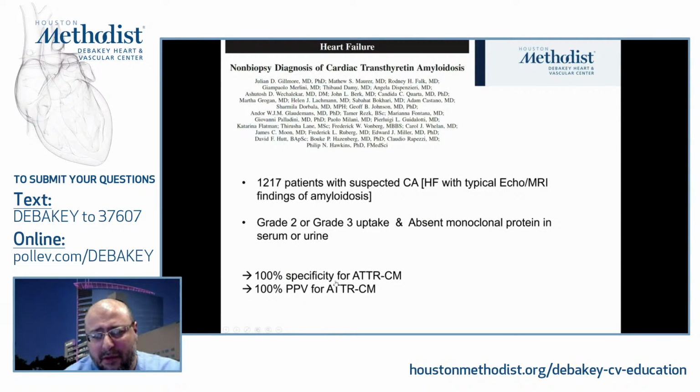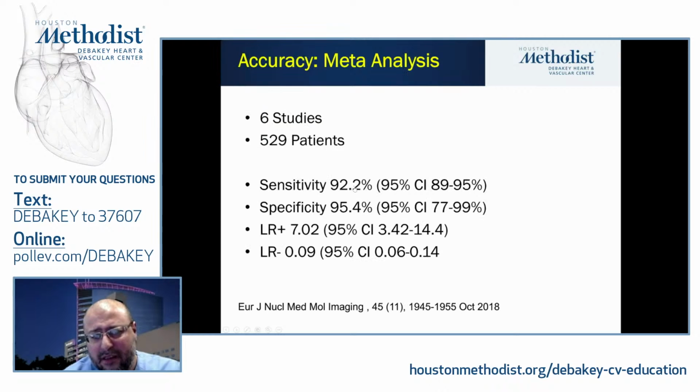Now, these numbers may look too good, so if you look at a meta-analysis of 6 studies, 529 patients, the sensitivity was about 92%, specificity of 95%. So this is very good compared to the disappointing results before from biopsy and the lack of another tool beyond echo and CMR to make such a diagnosis.